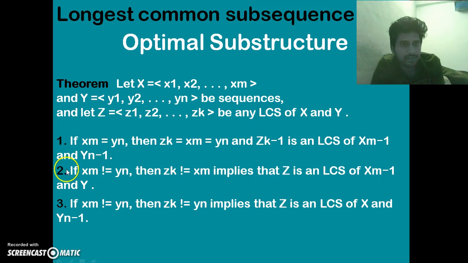The second point states that if xm is not equal to yn, and zk is not equal to xm, then Z is an LCS of Xm-1 and Y. If xm is not equal to yn, and zk is not equal to yn, then Z is an LCS of X and Yn-1.